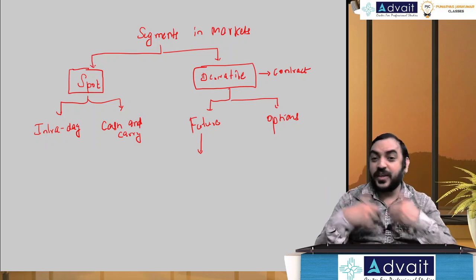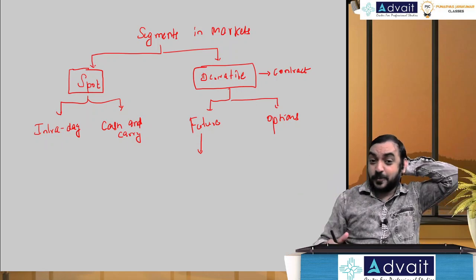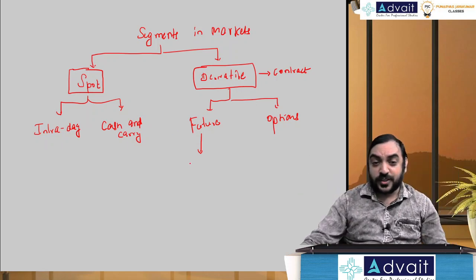With a future price of 1,000 rupees, you're not paying 1,000 now; I am agreeing to pay 1,000. So a future is an agreement to pay a certain price in the future, and here it is called the future price.